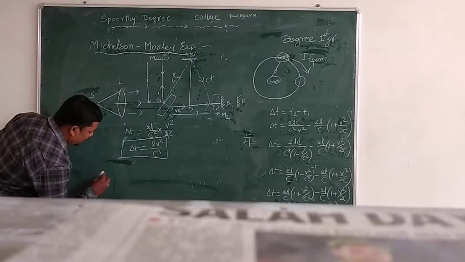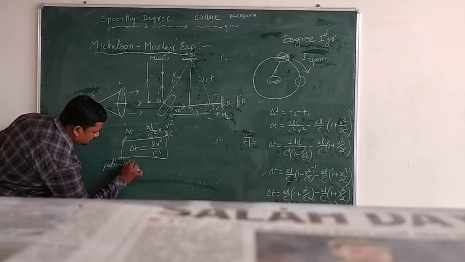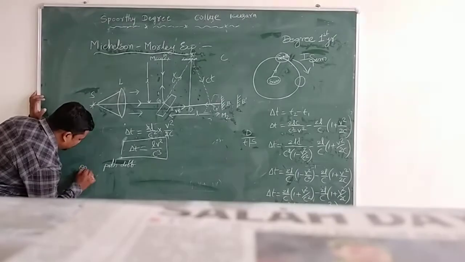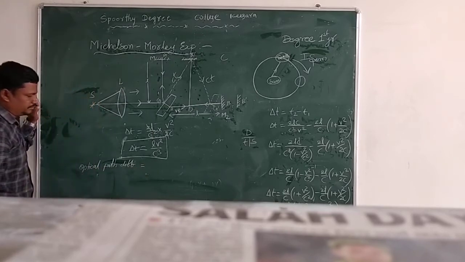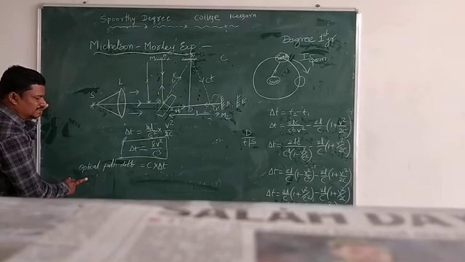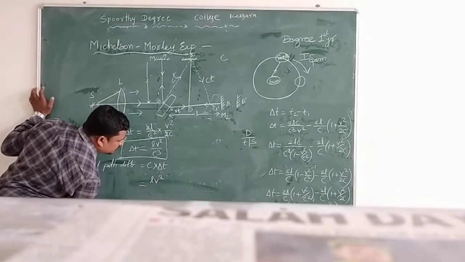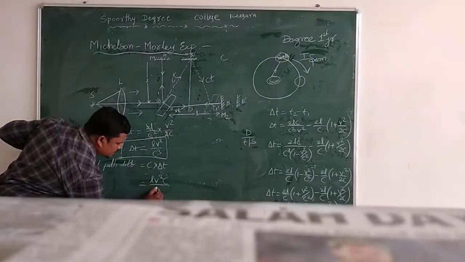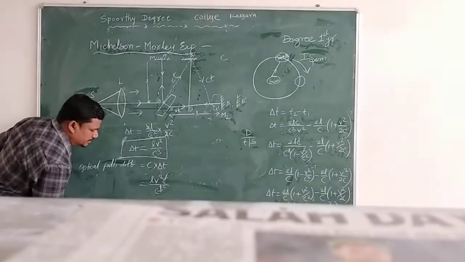Then path difference. Path difference is nothing but optical path difference, equal to C into delta t. C means optical. C into delta t, L v square into C by C cube. Then C square.